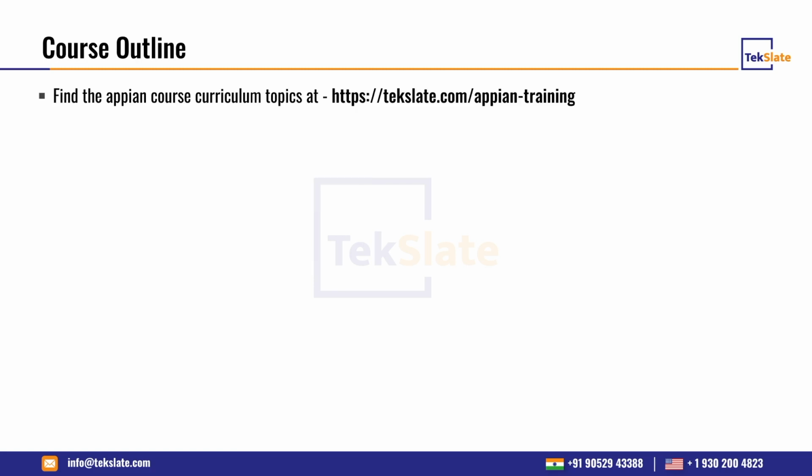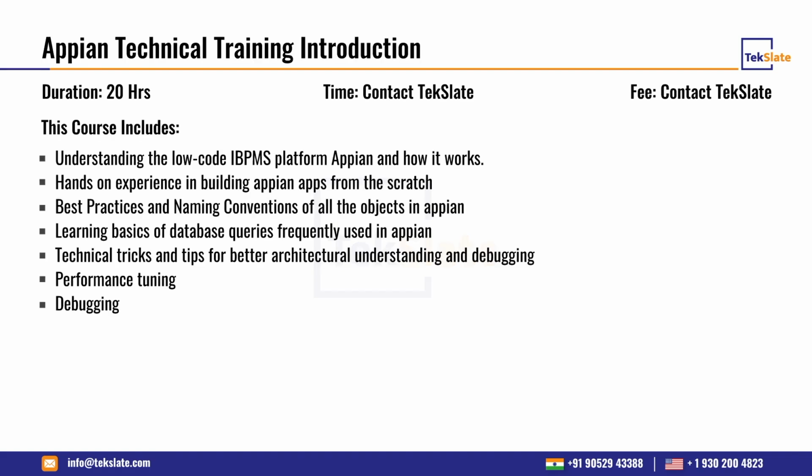Talking about the course curriculum, you can find it at the MindMagic's link, which will give you a detailed overview of the course. This technical training will revolve around hands-on experience of creating an app from scratch to the topmost, where the candidates will learn how to create process models inside Appian, how those process models can be utilized, what the design considerations are, and what architectural view you should take into consideration while building an Appian app, learning all the basics of database queries that are frequently used in Appian.